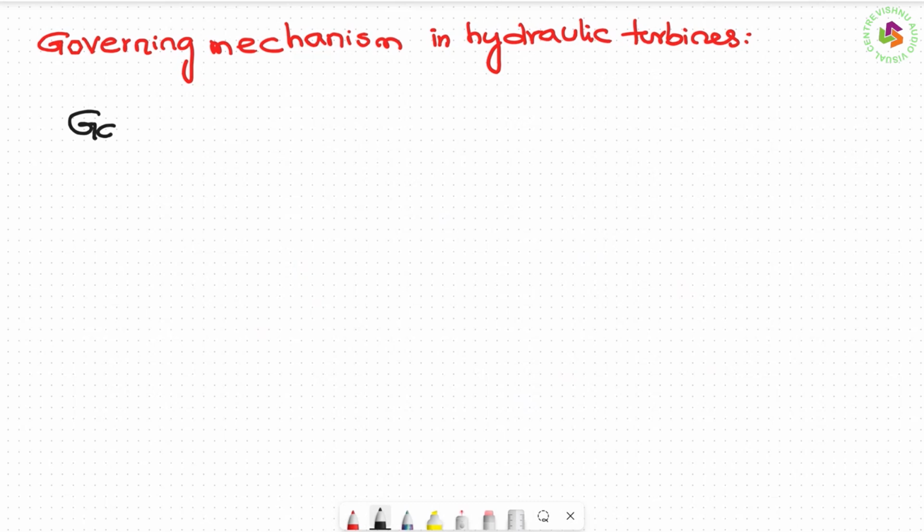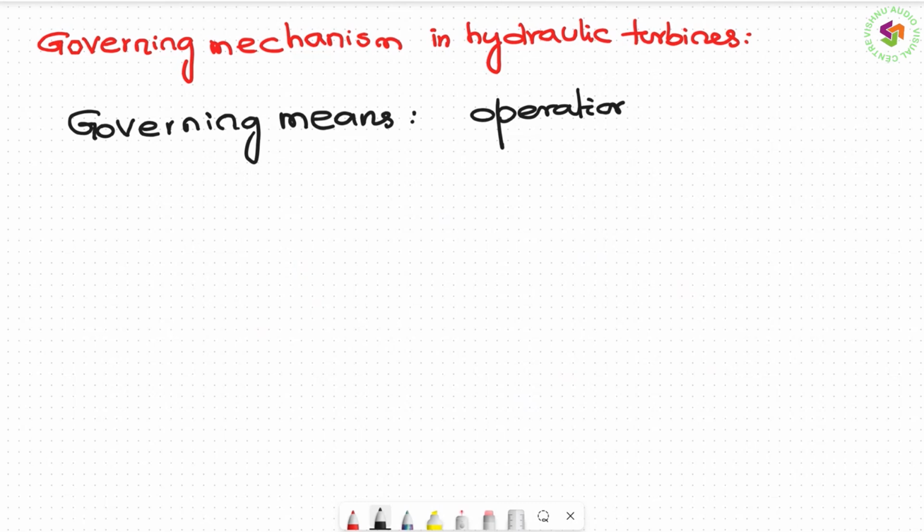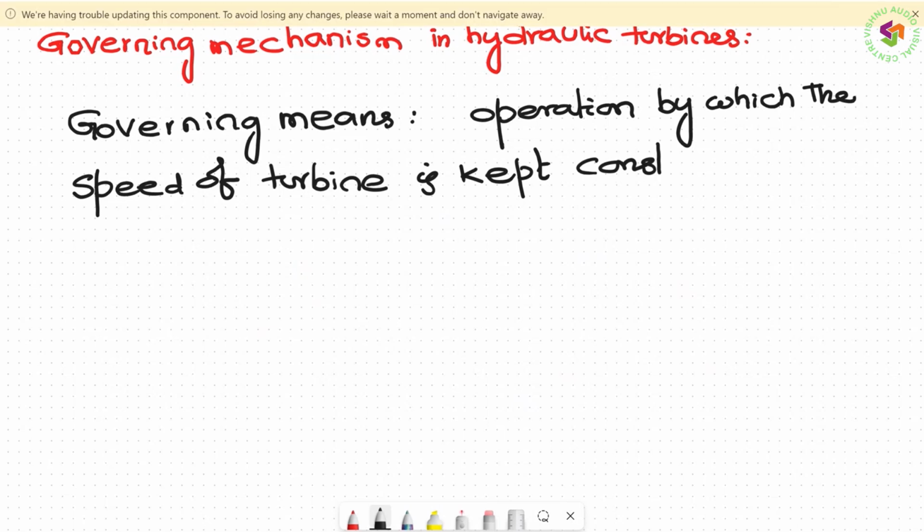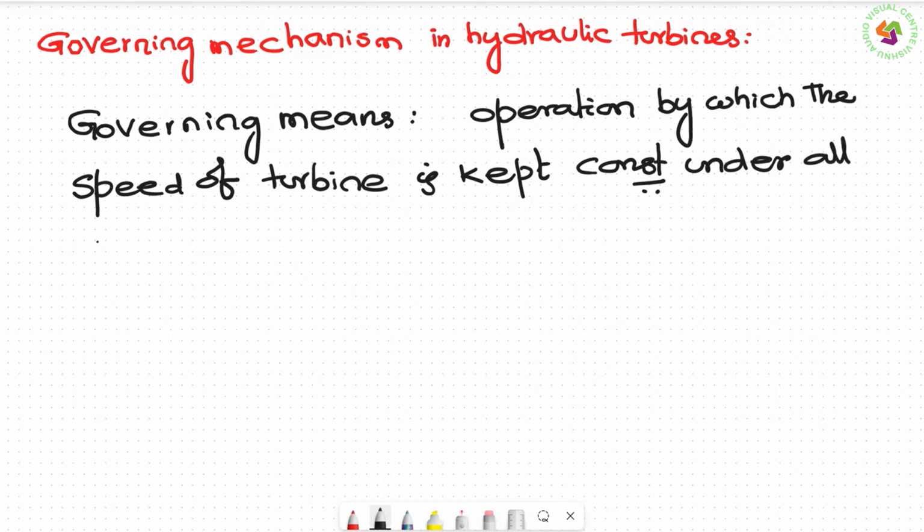Governing means the operation by which the speed of the turbine is kept constant under all conditions of loading.